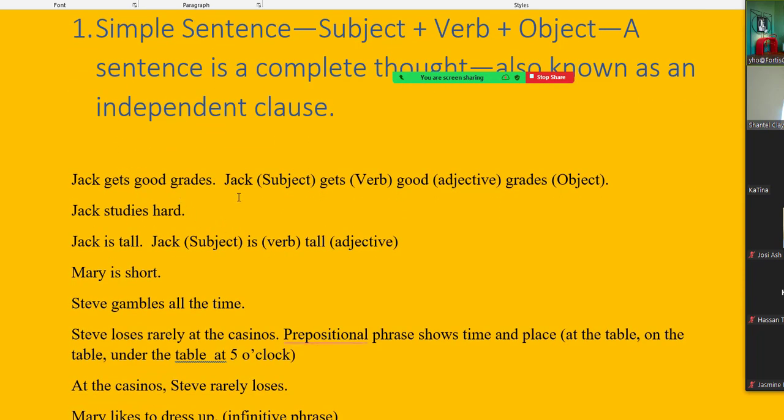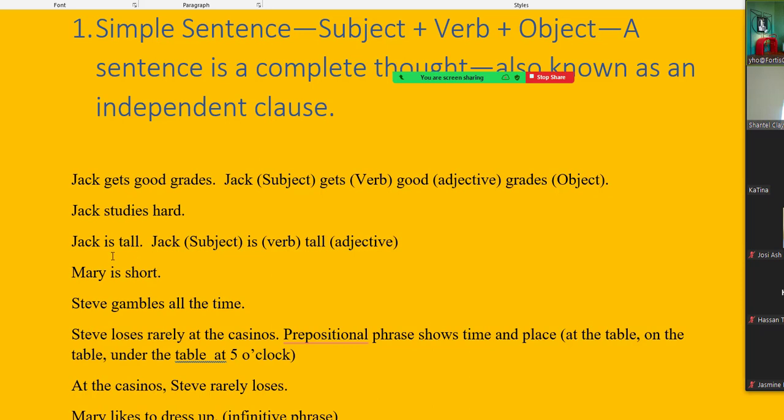Here, "Jack gets good grades." Jack is the subject, gets is the verb, good is the adjective, grades is the object. Any noun that comes after the verb is the object of the verb. In other words, Jack gets what? Jack gets good grades. That's why the noun that comes after the verb becomes the object of the verb. So "Jack studies hard" is subject, verb, adverb. And "Jack is tall."